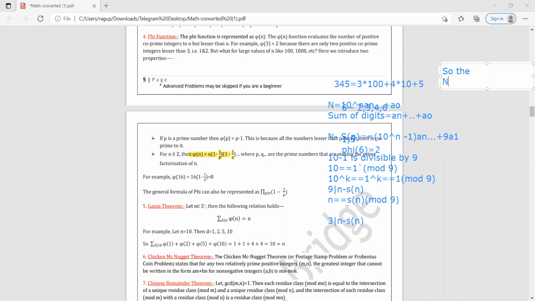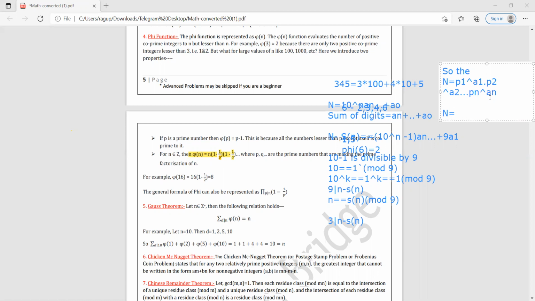If the number n is equal to p1 raised to a1 into p2 raised to a2, so it's the factorization of the number. If you watched the recorded lecture of mine, the first lecture, you would know.